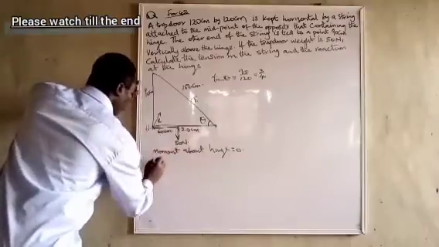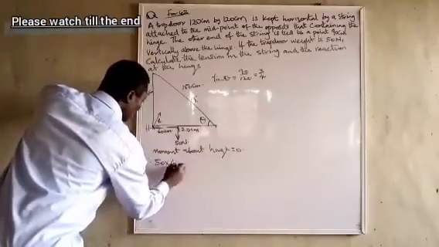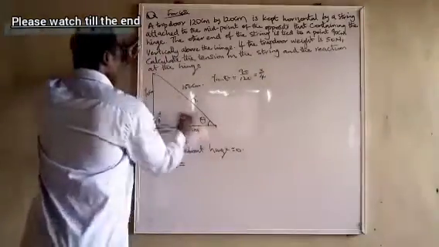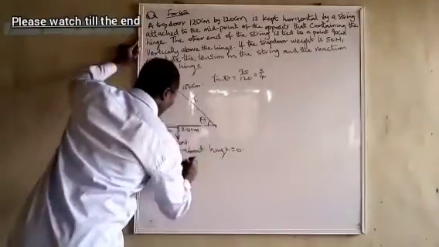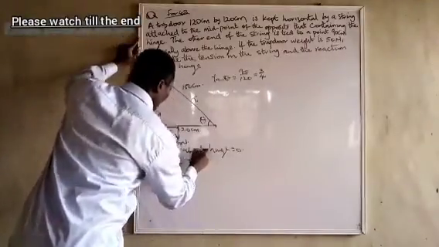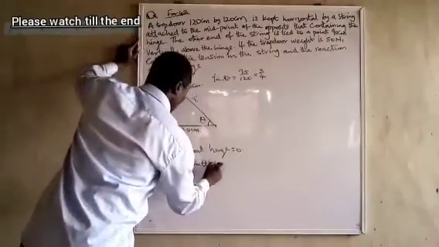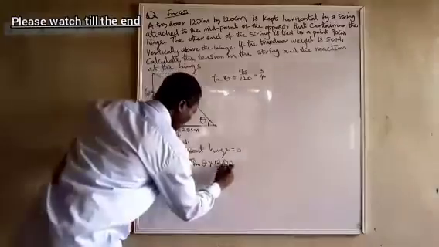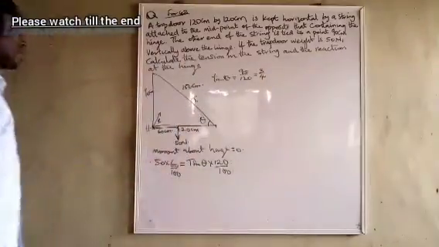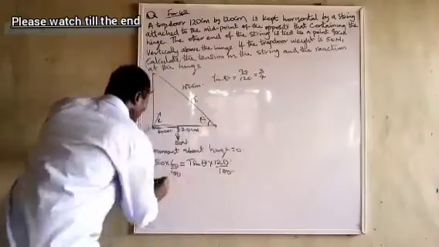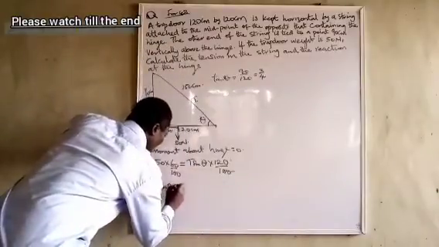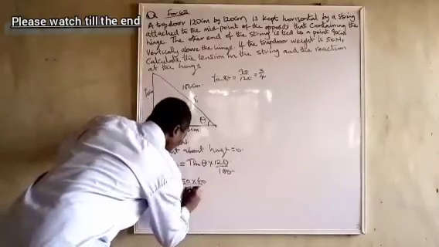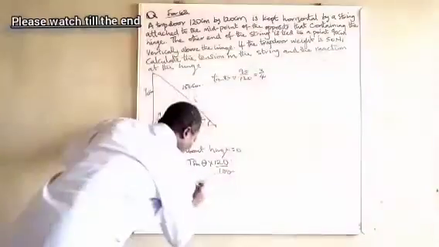Therefore, 50 times 60 is equal to, no, this will be T sine theta times 120, this place to this place. So to make it SI units, this one will go. Therefore, T sine theta is equal to 50 times 60 over 120, and that is 25.